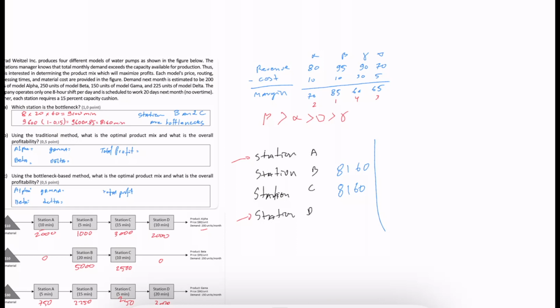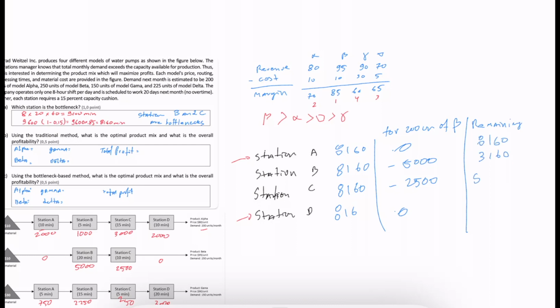The first product I'm going to build is beta, and we'll need 5000 minutes of station B and 250 minutes of workstation C for the 200 units of beta. For workstation B, I'm going to need 0. Here, I'm going to subtract 5000, 250, 100, and 0. Doing this calculation, I have remaining 8160, 3160, 5660, and 8160.